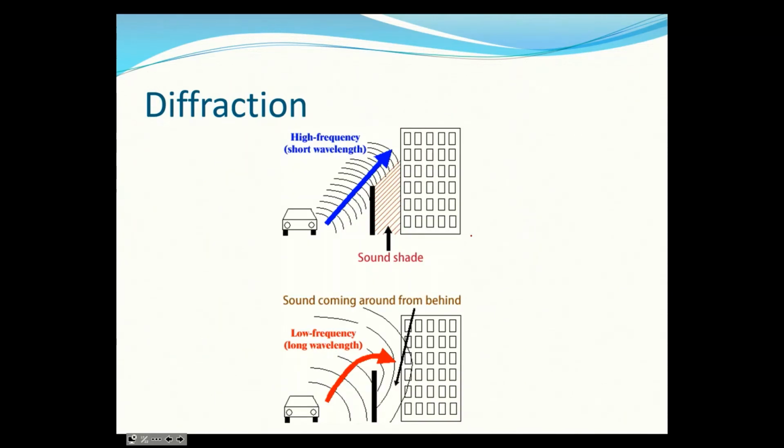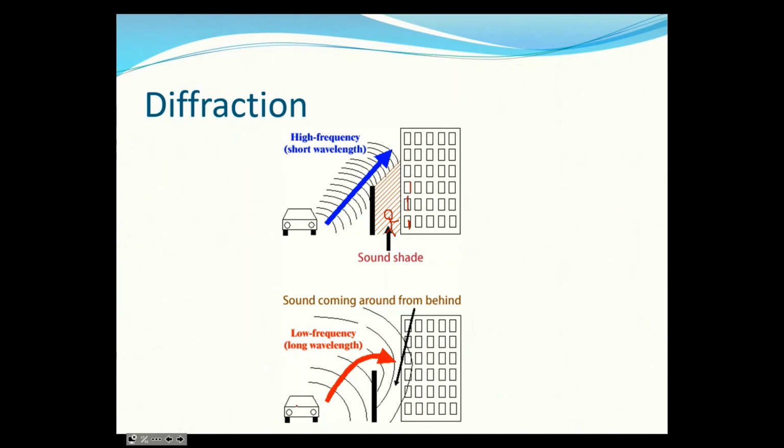So here's another example. Say you have a building here, and then you have a wall here. This car travels by and it's got a high frequency horn. A high frequency horn would be like beep, beep, beep, beep. And he's beeping his horn. Well, if you were standing in here, or this was one of your apartment buildings, you wouldn't be able to hear that high frequency noise because those sound waves wouldn't diffract over that wall.